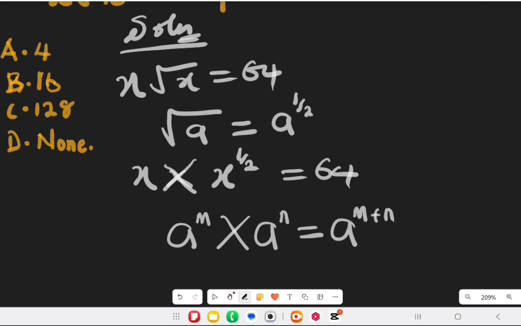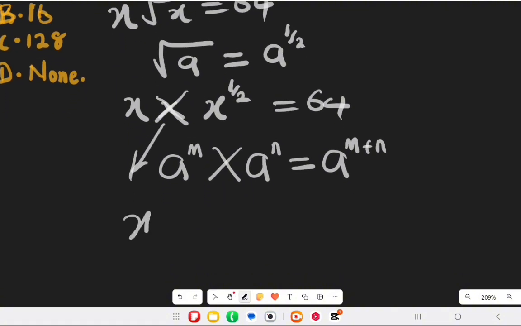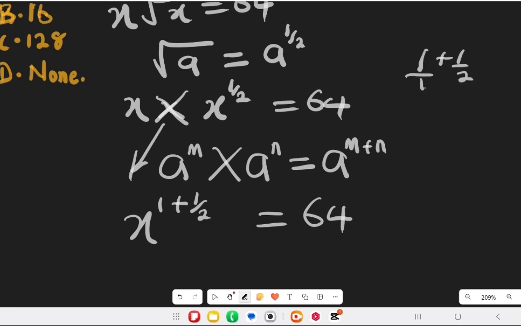If we apply that to this, we change to x raised to the power of 1 plus 1 over 2 equals 64. Then when we add up the power, we have 1 plus 1 over 2. This is over 1.